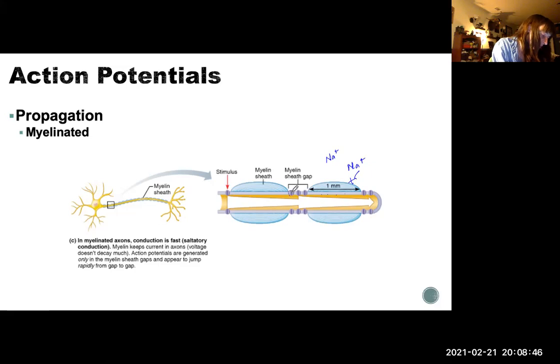Instead, you just have voltage-gated channels in the gap, also known as the nodes of Ranvier. Nodes of Ranvier, because some French guy discovered them, right? So the signal is stimulated in one of these nodes, way up by the axon hillock. The signal gets passed underneath the myelin sheath and then gets replenished at the next node, okay?